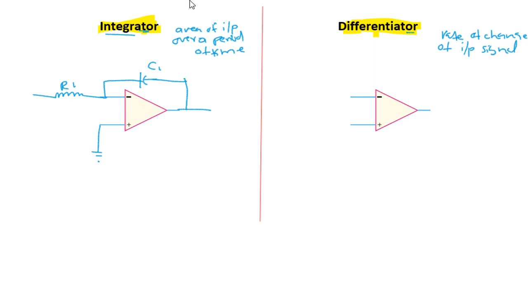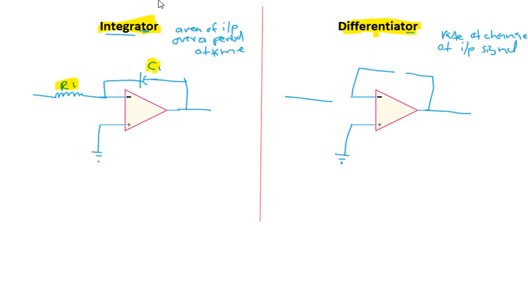So you have a capacitor C1 here, and this forms our integrator circuit. Now in order to construct a differentiator circuit, again I am connecting ground to the non-inverting terminal. I will change the position of R1 and C1.